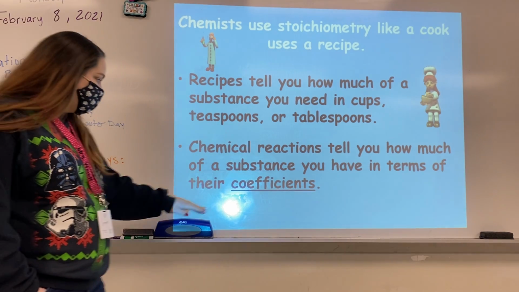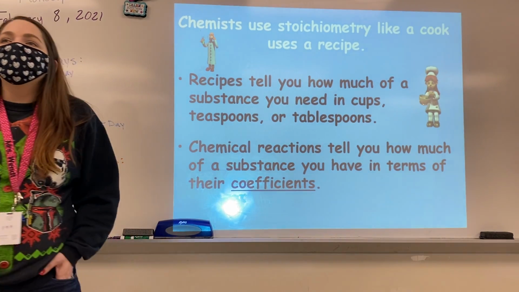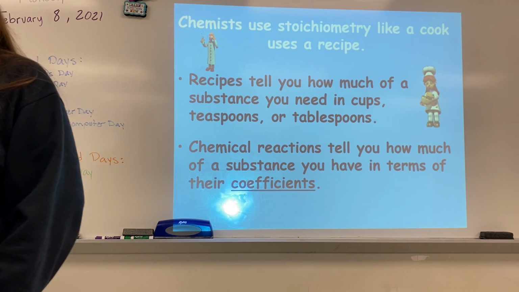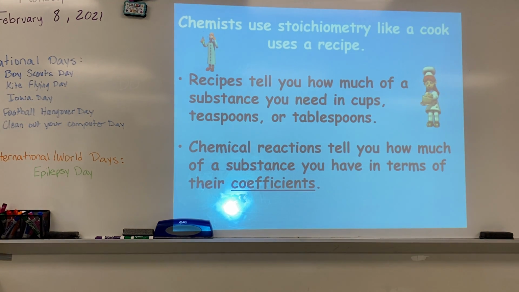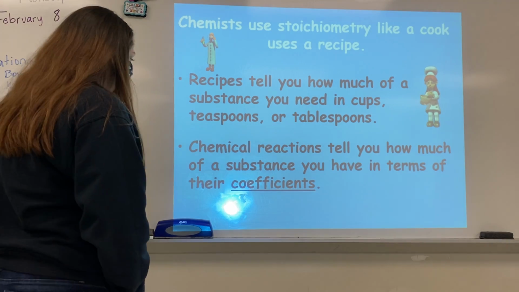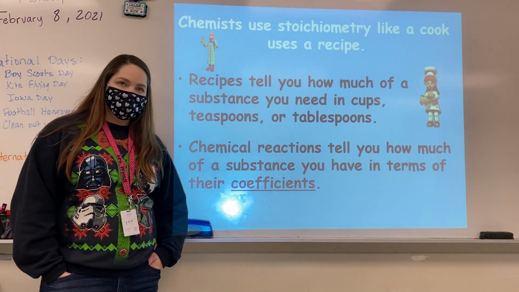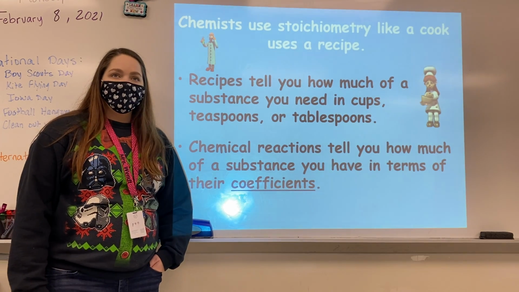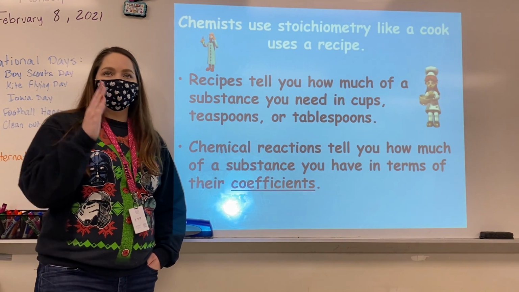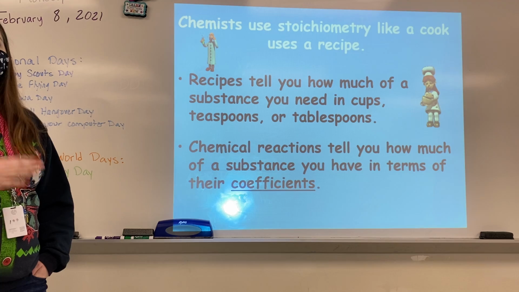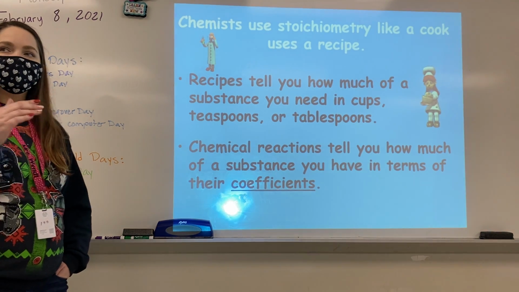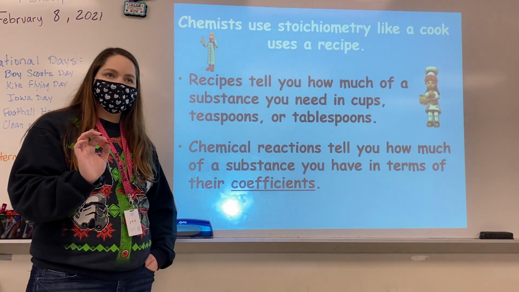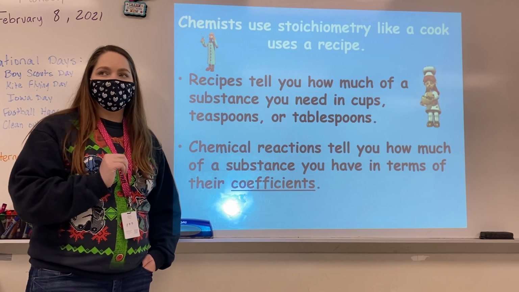So this word, coefficients, those are your big numbers in front of your compounds in your balanced chemical equation. Remember, when you balance chemical equations, you cannot just throw in subscripts wherever you think they need to be. You can't change the little numbers in your compounds. You can only write the big numbers in front. You can only add coefficients in order to balance your chemical reaction.